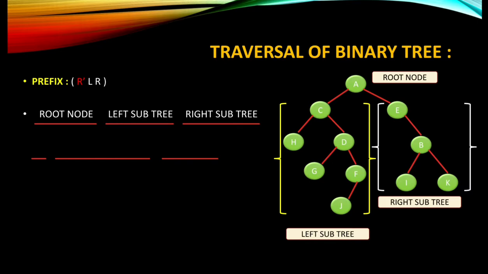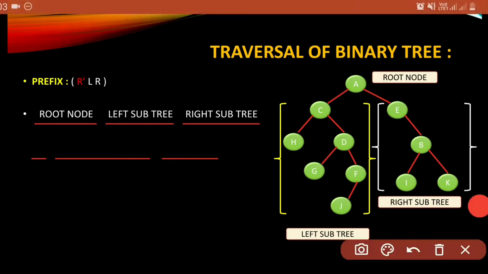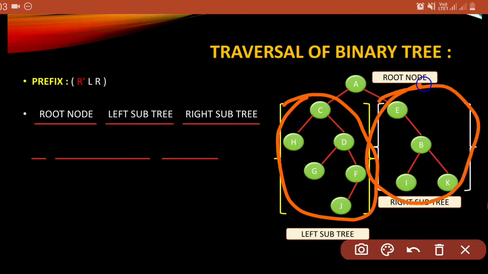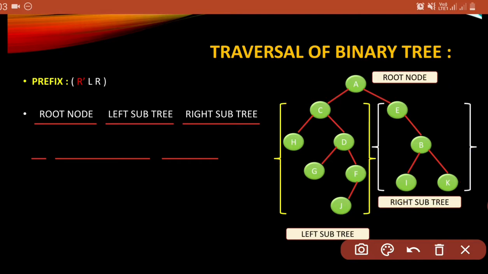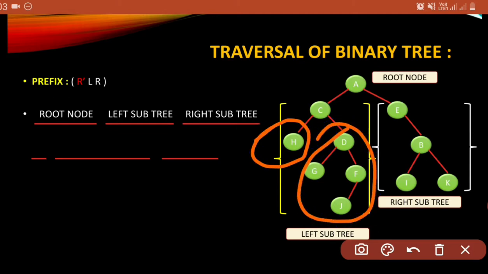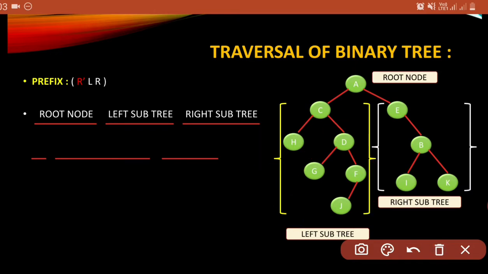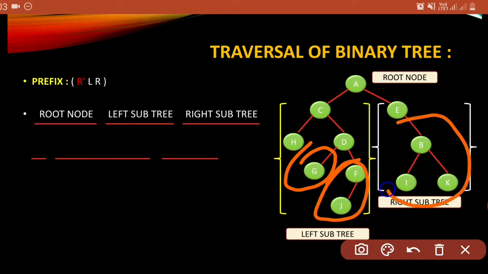For example, in front of you, you are having one tree, then you are having another tree, that is the left subtree, then you are having the right subtree. If I want to denote, this is also a tree, this is also a tree, this is left, this is right. This one is also a tree, this one is also a tree, this one is also a tree.